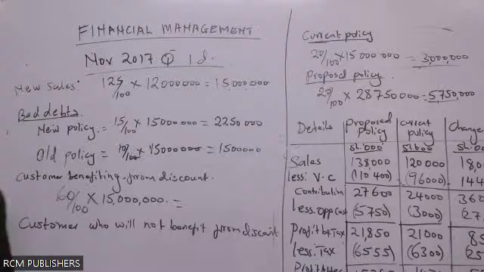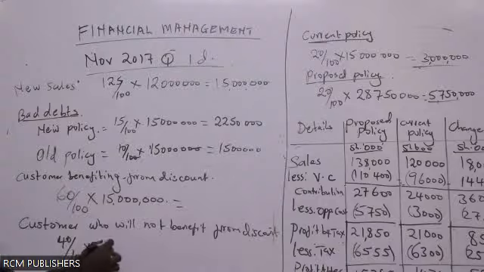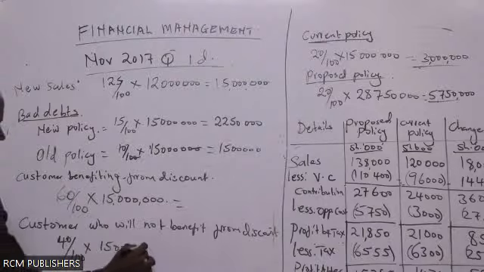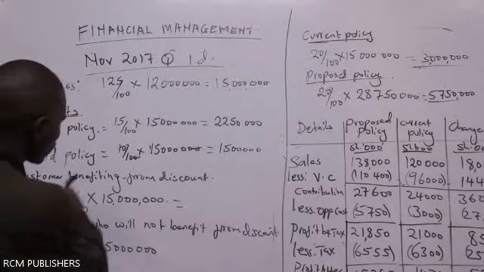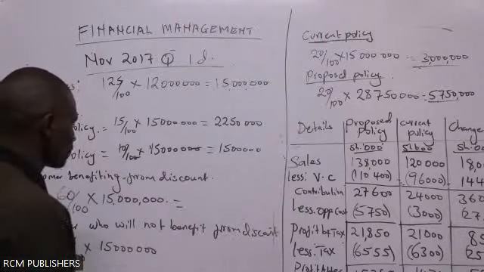Proportion yao ni 40%. 60% already will benefit, but 40% will not benefit. 40% of 15 hawa hawata benefit. Yani ukishapitwa, ukishavuka tunafika 60.